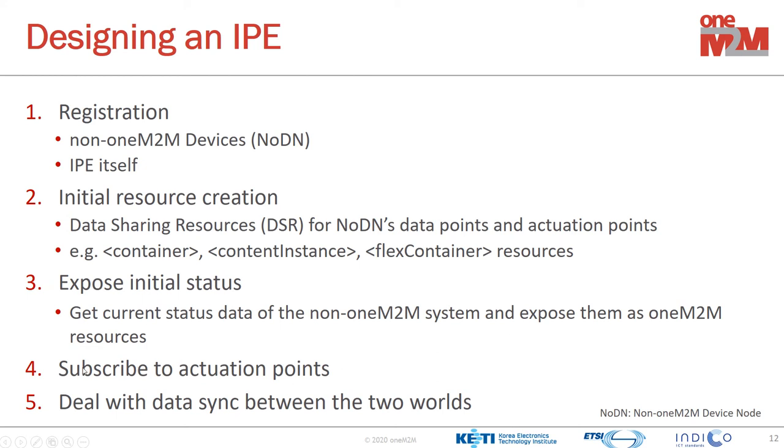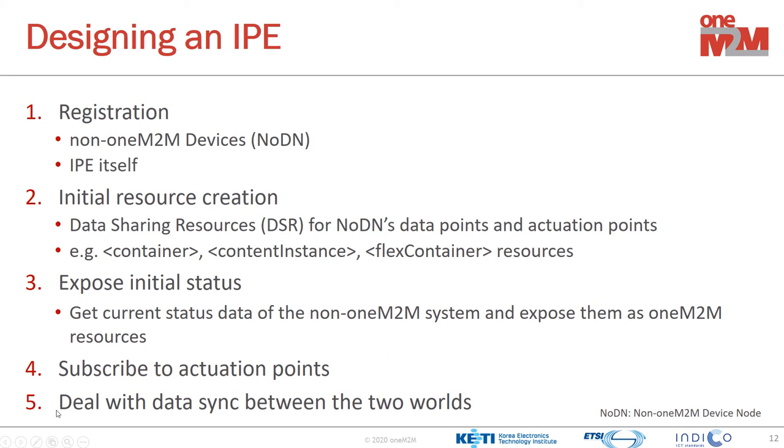And for the IPE, to get real-time event notifications, for example for the actuator, the IPE should subscribe to the corresponding resources, and then it will get the notification per event, and the IPE will translate the notification to actuate the non-oneM2M devices from their side.